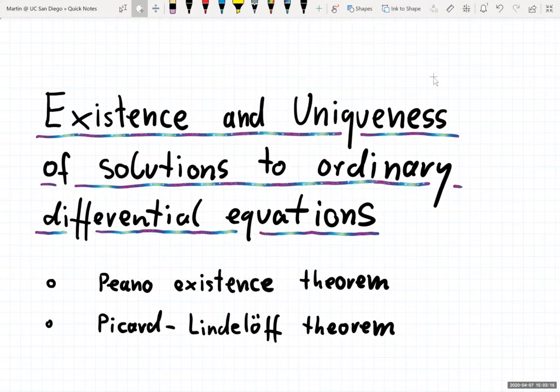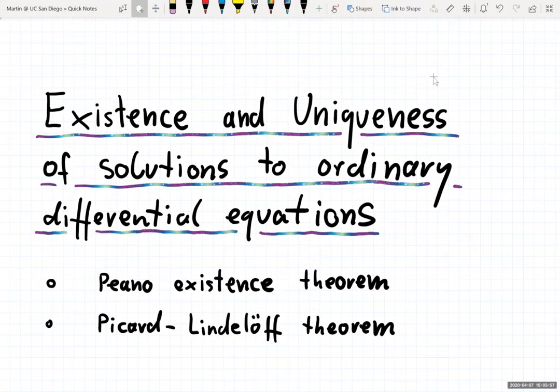And specifically, I'm going to talk about two major results in the theory of ordinary differential equations, namely the Peano existence theorem and the Picard-Lindelöf theorem. The Peano existence theorem establishes that an initial value problem has a solution under very mild requirements.